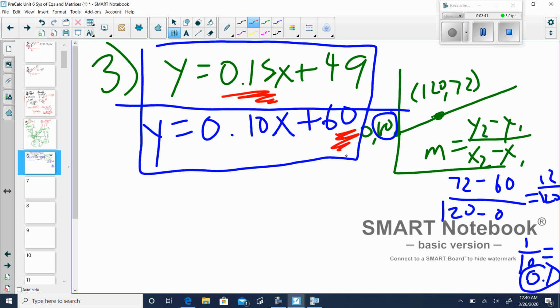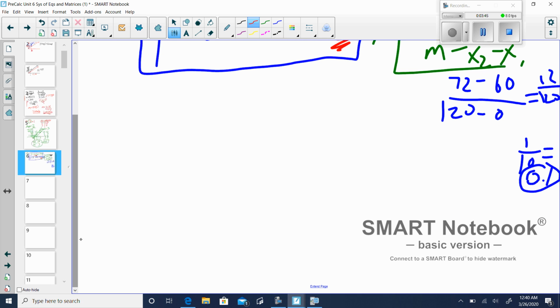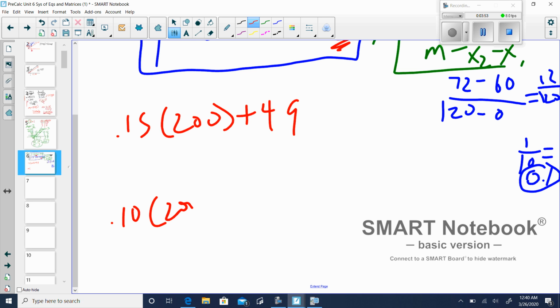Well, they say in step B, let's assume that both people use 200 minutes. So that's 0.15 times 200 plus 49 for Angela, 0.10 times 200 plus 60 for Benjamin. So 200 minutes on the phone, because that's what we used to pay for, because they didn't have unlimited plans.